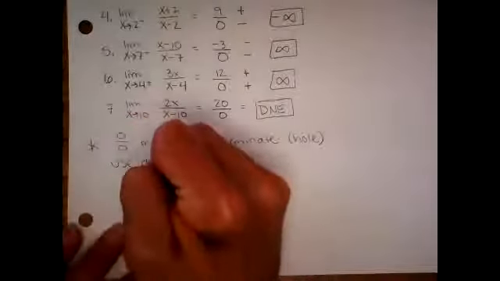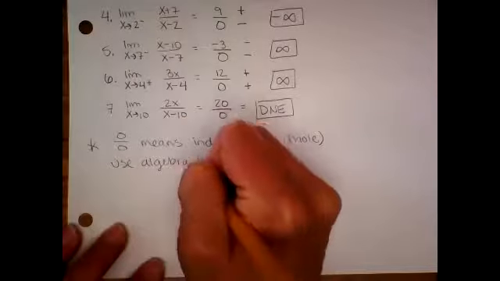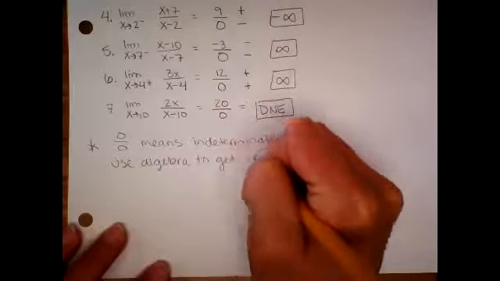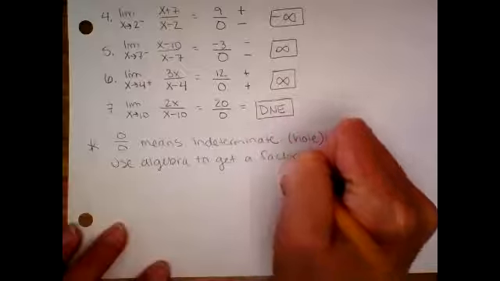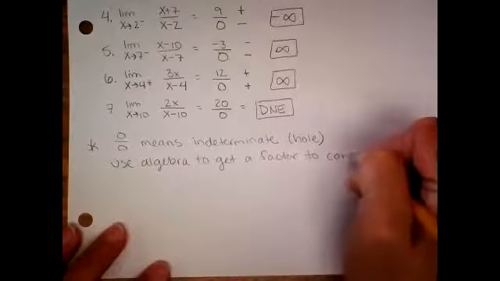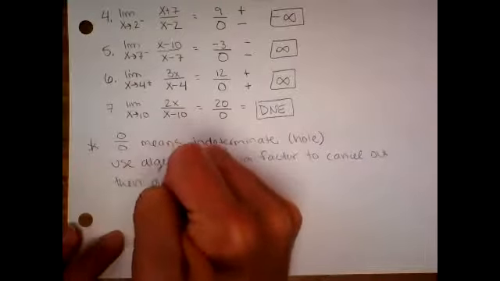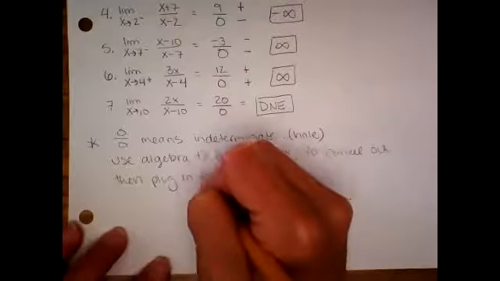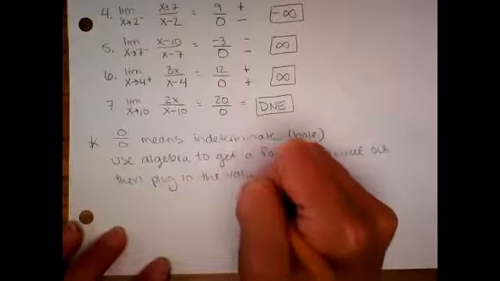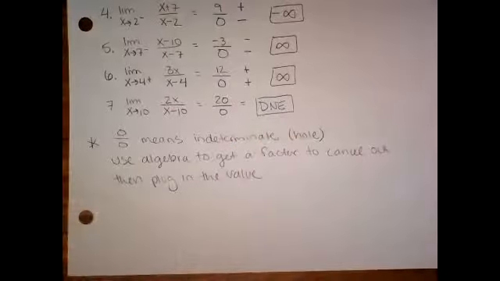So you're going to use algebra to get a factor to cancel out. And then plug in the value that you're approaching. So you have to algebraically mess with it until you get something to cancel out.